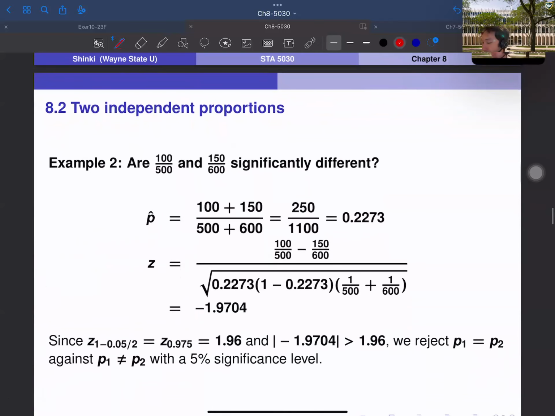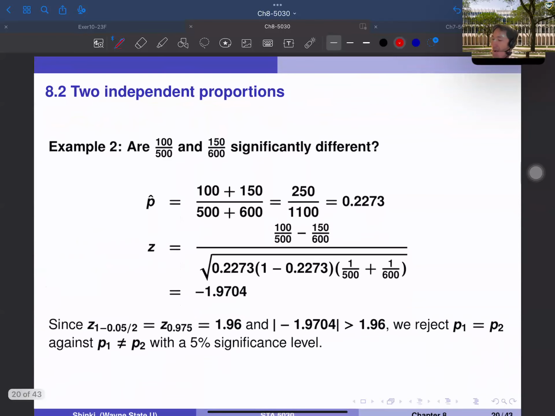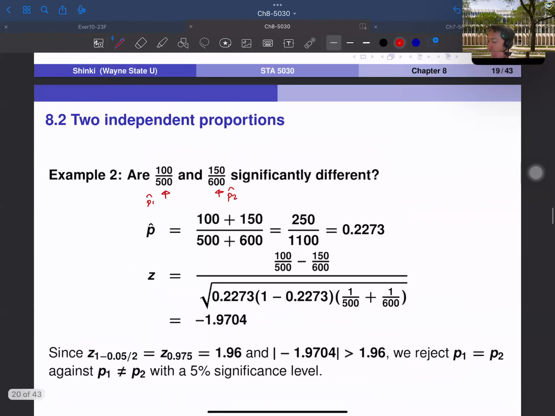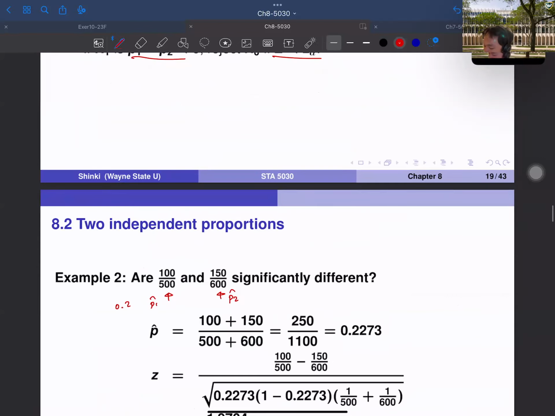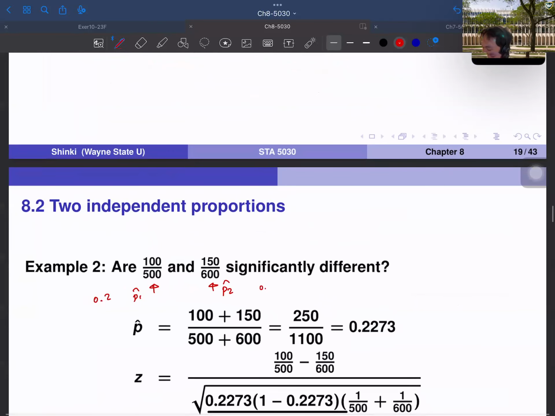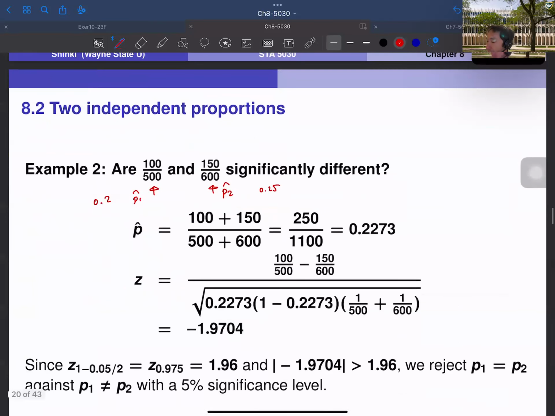So what happens in our case? We have two proportions, P1 hat and P2 hat. P1 hat is 0.2, P2 hat is 0.25, and if we combine them, the overall sample proportion P hat is 0.2273, or 22.73%.